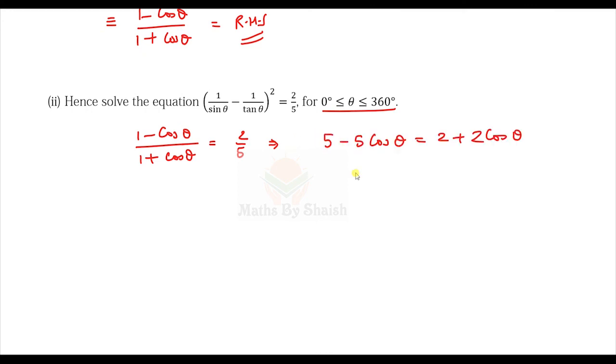Let's transfer the cos theta to the right hand side. So I'll write 7 cos theta is equal to 3, and hence theta is going to be cos inverse of 3 by 7.